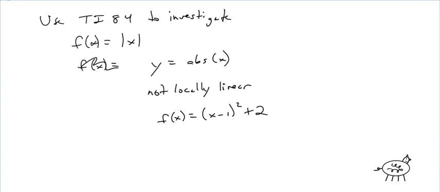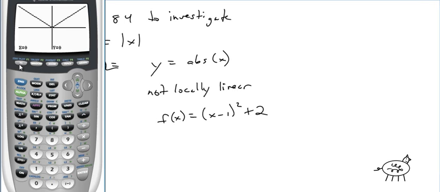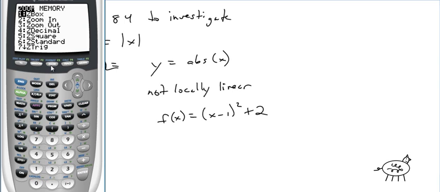We're going to go back to our TI and clear this out of here, and we're going to say parentheses x minus 1 squared plus 2. Then, math fans, you need to reset your zoom. If you just hit graph right now, it's not going to give you very good results. In fact, it might not even be in the window. You need to go zoom, and if you do zoom 6, that puts it back as a standard graph. All right, and so here's our graph.